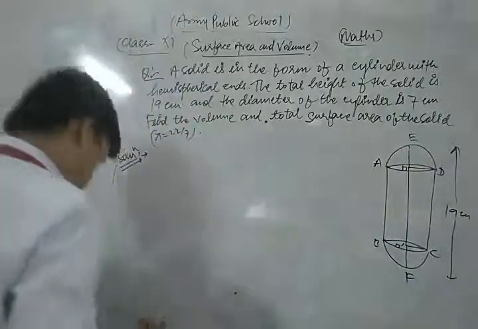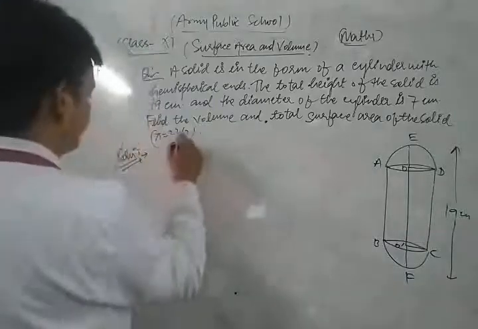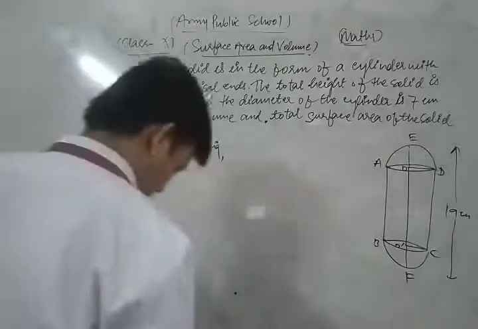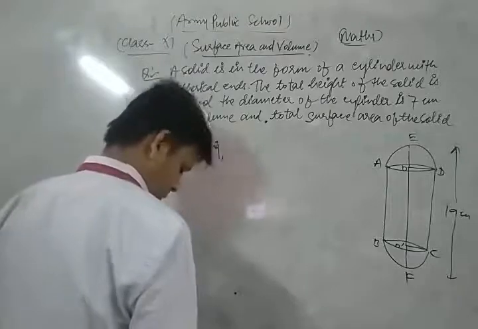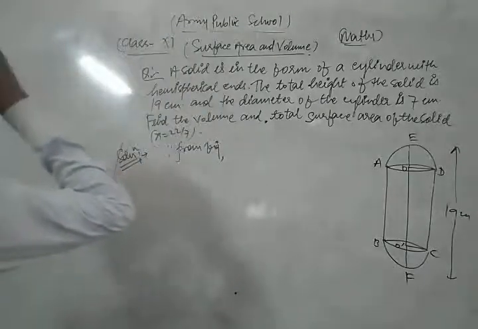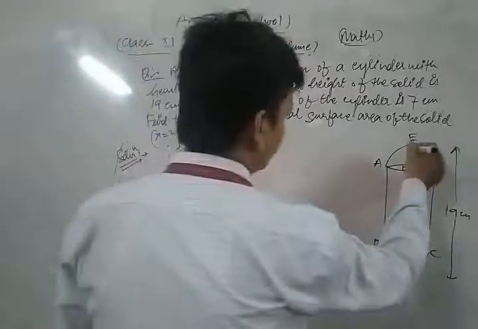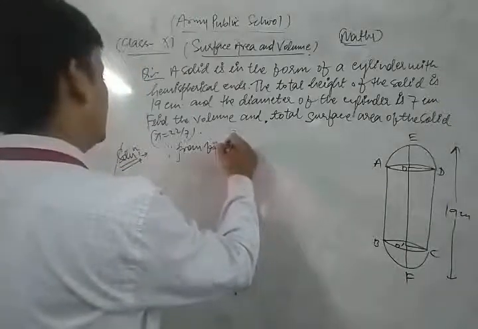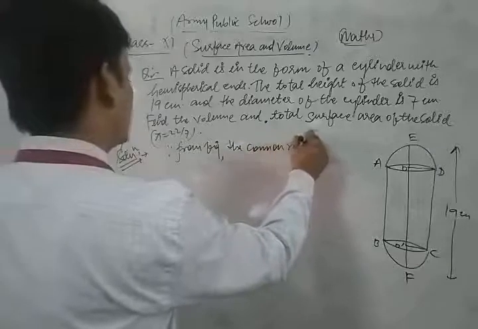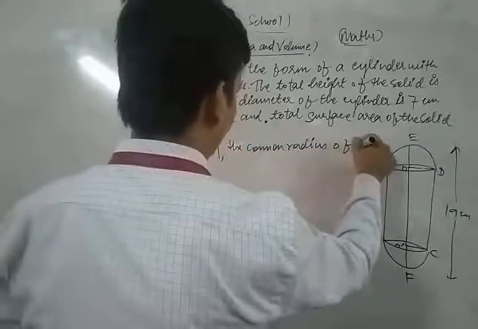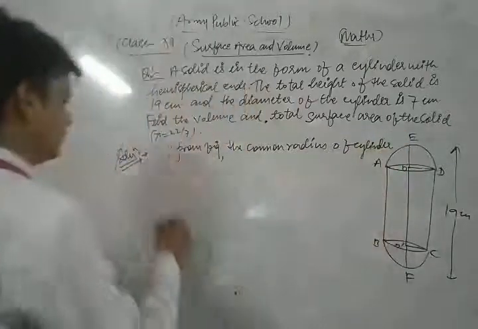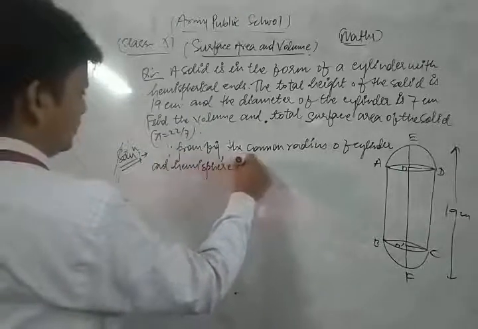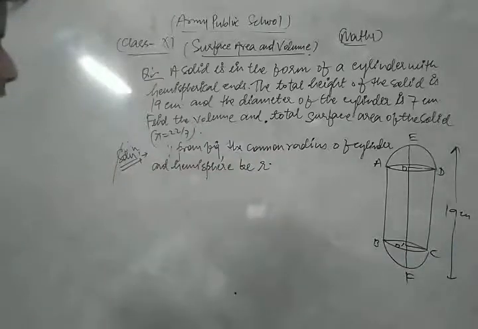Now, from the figure, let the common radius of the cylinder and hemisphere be r.